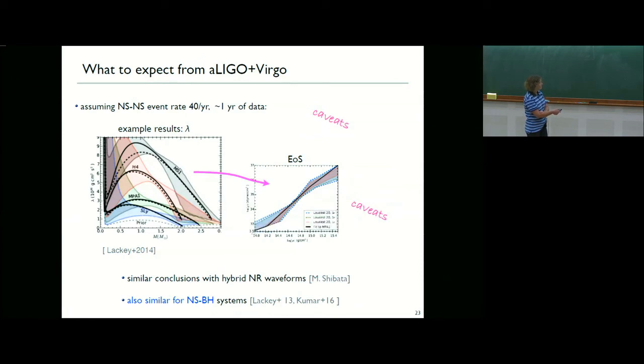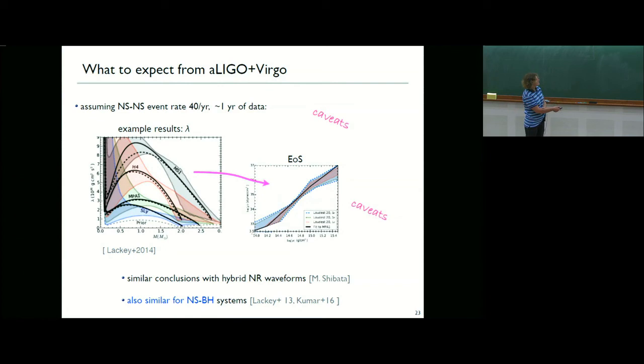What is plotted here is the tidal deformability again as a function of mass. They loaded in some prior information from causality and maximum mass constraints and those things. And then asked, suppose the equations of state we have are these black solid lines, with LIGO at design sensitivity, a year of data, and assuming an event rate of about 40 events per year, what can we say?